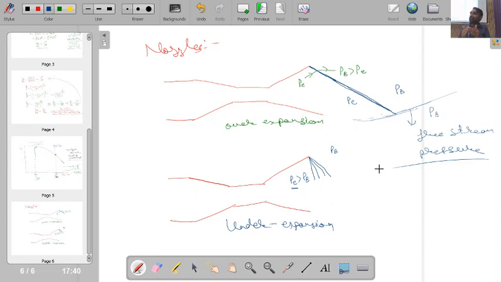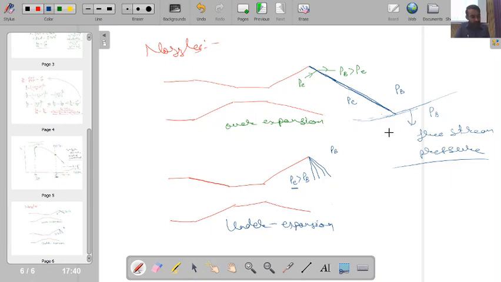Okay, so we know that when an oblique shock wave comes to a solid boundary, it reflects as a shock wave only. Similarly, if an expansion fan comes to a solid boundary, it reflects as an expansion fan only. So what we have to see now is, if we have one incident shock wave going to a free boundary, a free pressure condition, the far stream pressure condition.